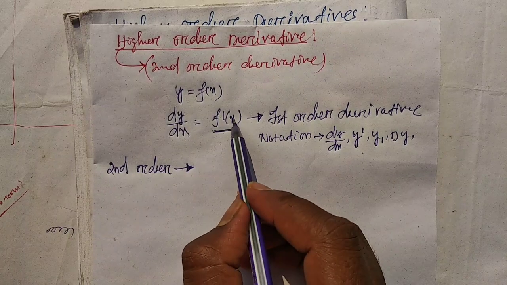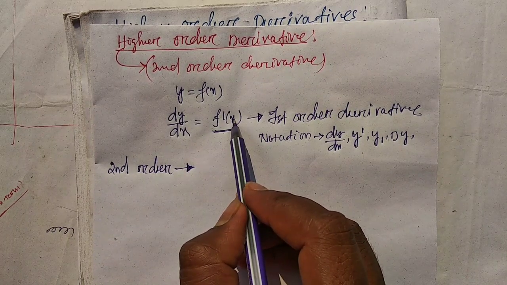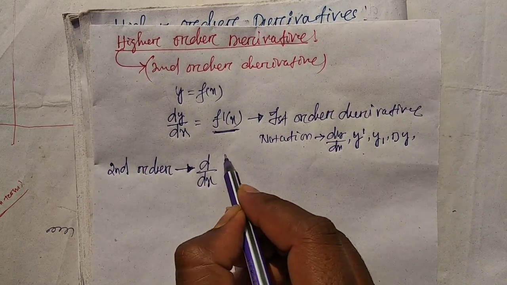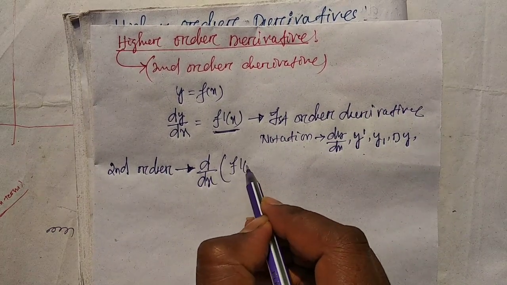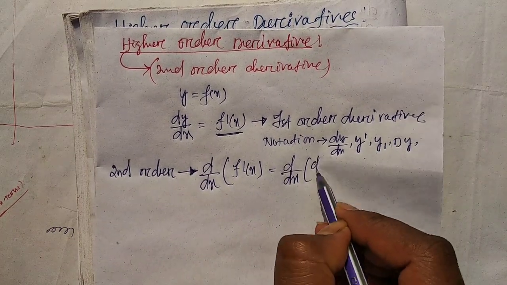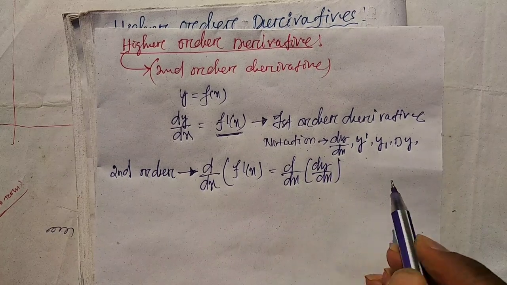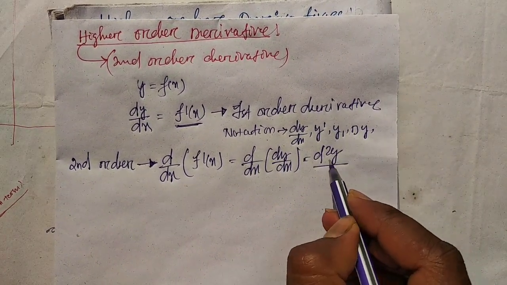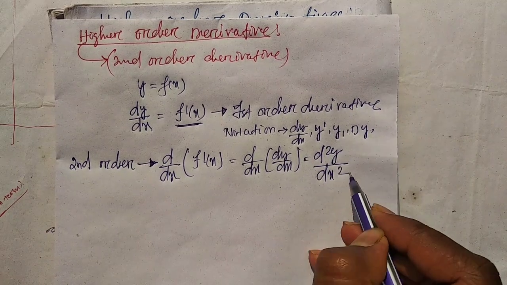So here first order is also a function of x. So if we are going to differentiate f dash x, or this is also equal to dy by dx, we will get second order derivative, that is d square y by dx square.